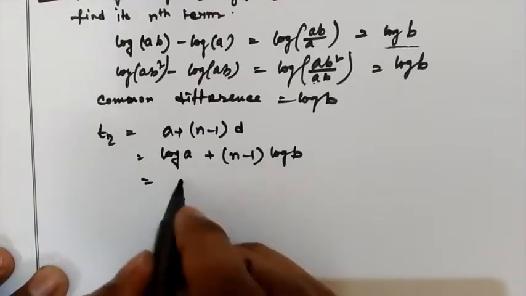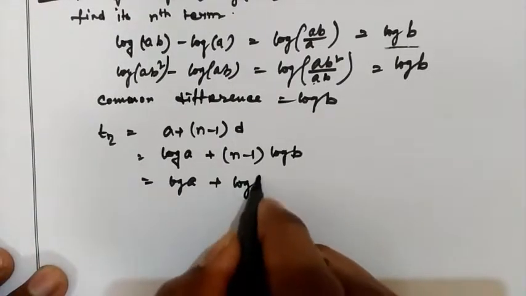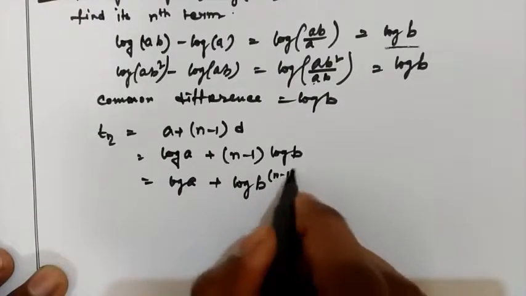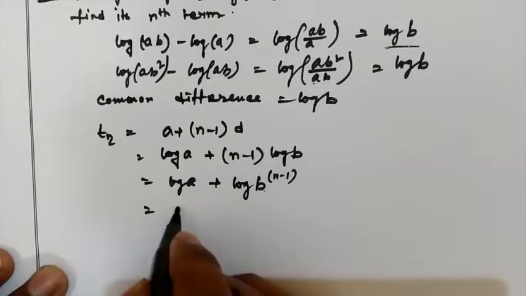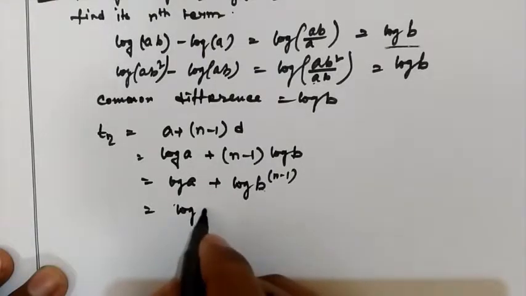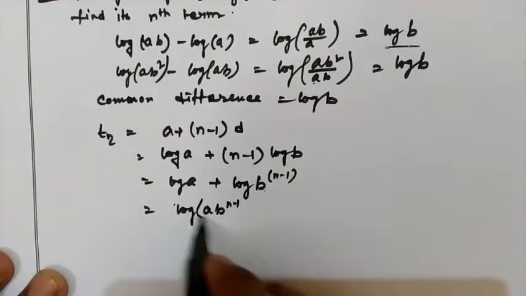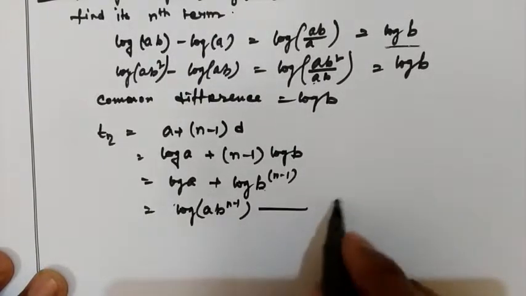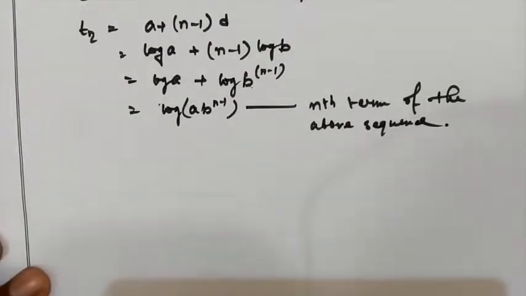So we can arrange this as log a plus log b to the power n minus 1, that is nothing but log a plus log b, that is log ab to the power n minus 1. So this is the nth term. In this way, if any sequence is given and if it is in AP, then we can easily find out the nth term of that AP.